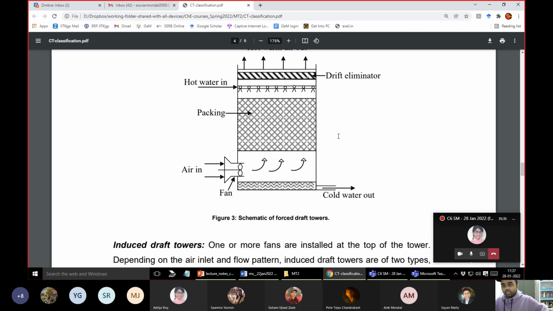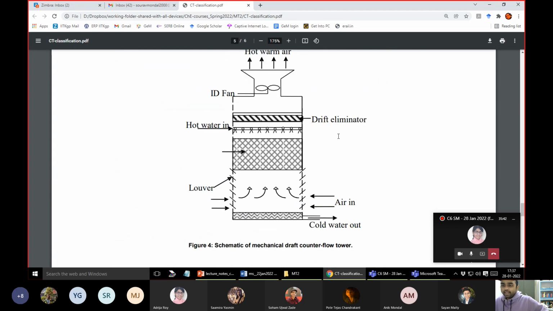And there is another type known as the induced draft, where you place the fan at the exit of the unit where the air leaves the system. And what happens is that the suction force will come all the way towards the entrance.